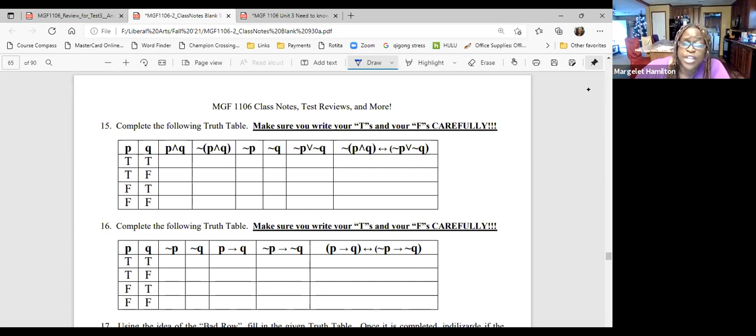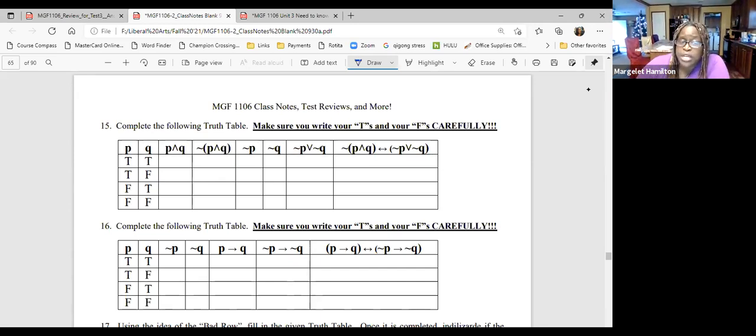They might just go ahead and give you a truth table and tell you to go ahead and complete it, all right? Remember, if they give you 2 letters, that represents your simple statement, okay? If they give you 2 letters, know that you only have 4 cases. If they give you 3 letters, P, Q, and R, then that doubles your cases and you get 8 cases, all right?